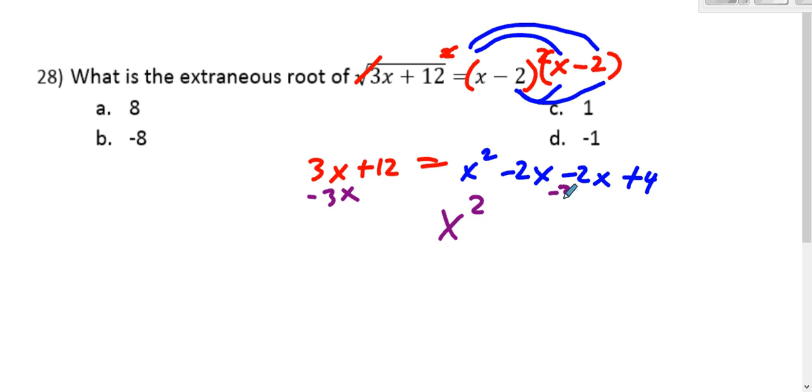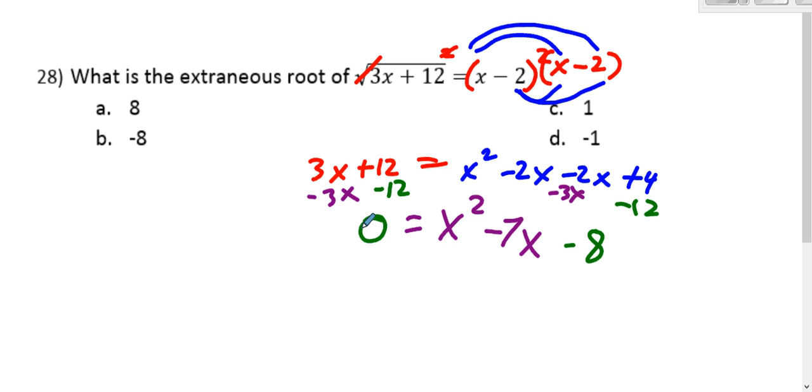And then we got to combine all of our x's. So a negative 2x, a negative 2x, and a negative 3x makes negative 7x. You're also going to move the negative 12. Move the 12, subtract 12. 4 minus 12 is negative 8.